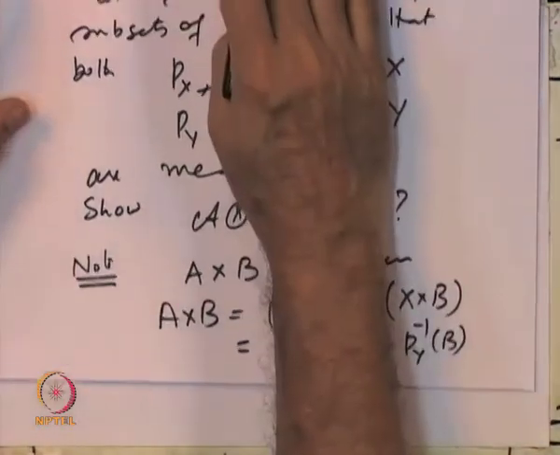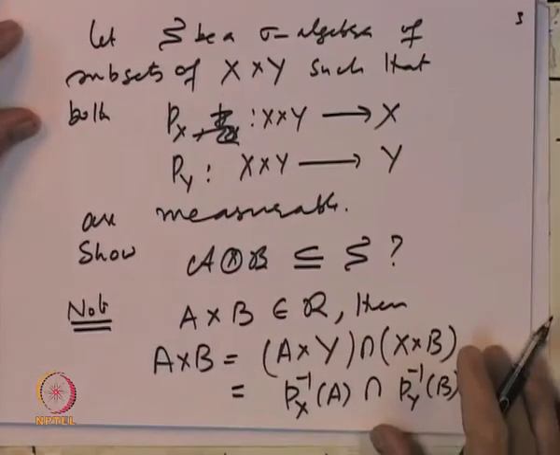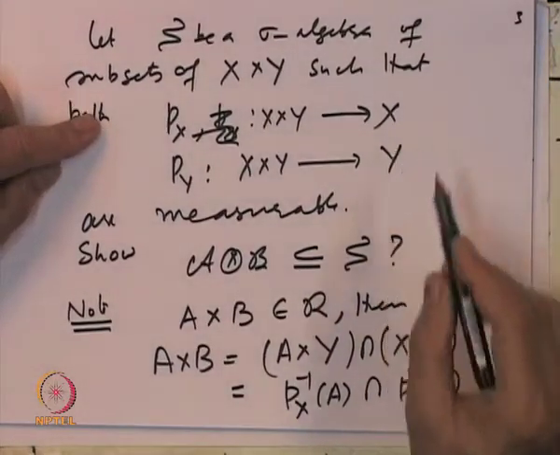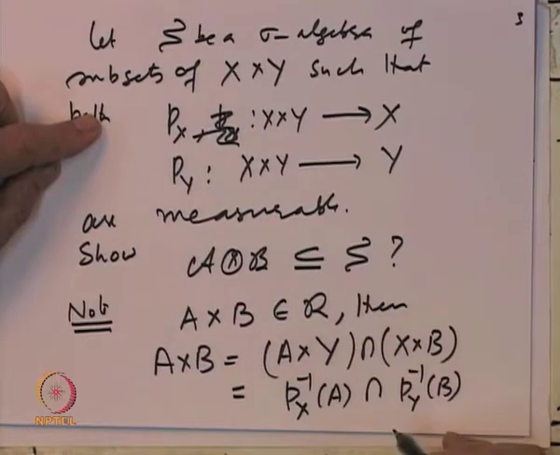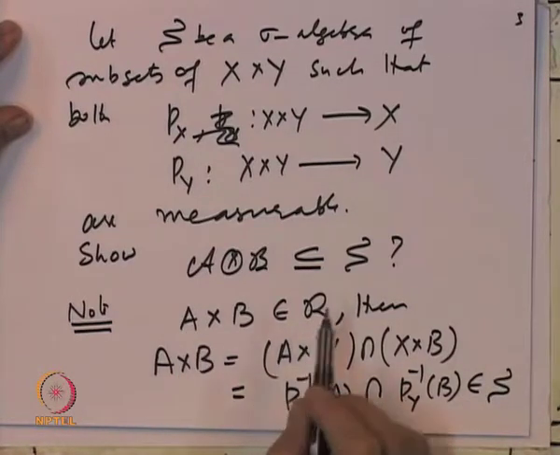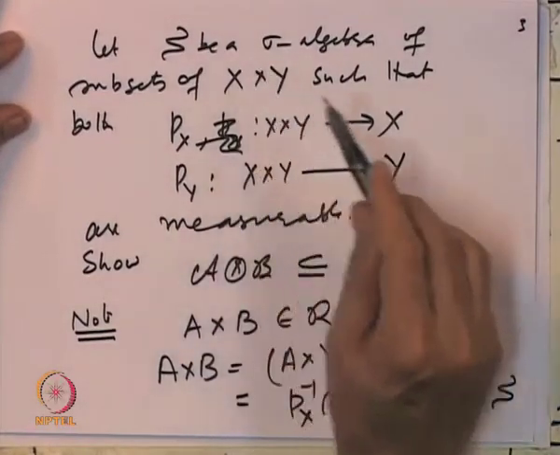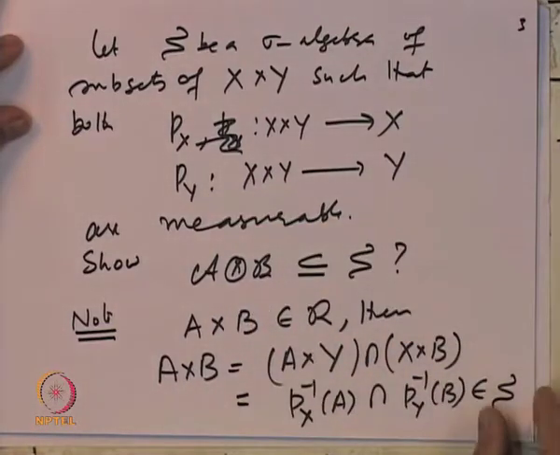And we are given that the sigma algebra S has the property that both P x and P y are measurable. As a consequence, for every set A in the sigma algebra A, P x inverse of A belongs to the sigma algebra S, and P y inverse of B also belongs to S, because P x and P y are both measurable. So this belongs to S. What we have shown is that if S is a sigma algebra with respect to which both P x and P y are measurable, then S must include all rectangles.